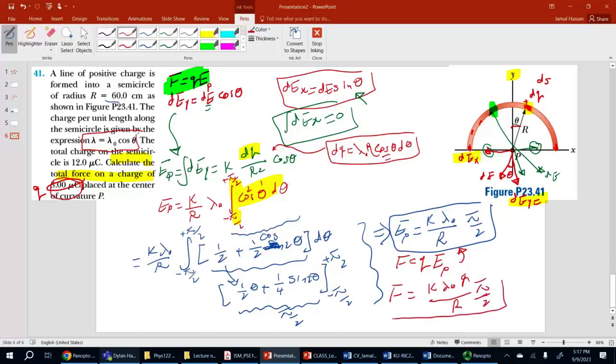I'm going to skip the last step, which is substituting the numbers given here. Remember, we've already found lambda naught, and then you'll get the numerical value for the force in Newtons. That's it. I hope my video is clear, and thank you for watching.